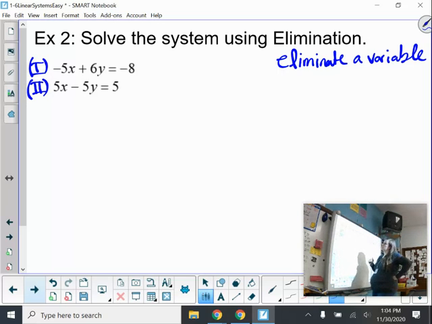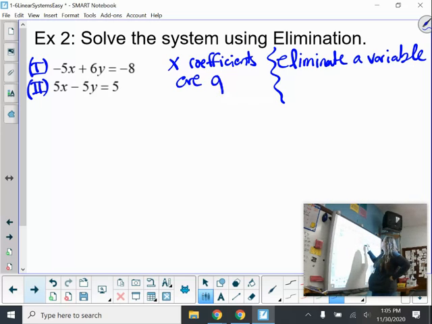So if we look at our variables, I have x's and I have y's. And if you notice, the x coefficients are opposite.